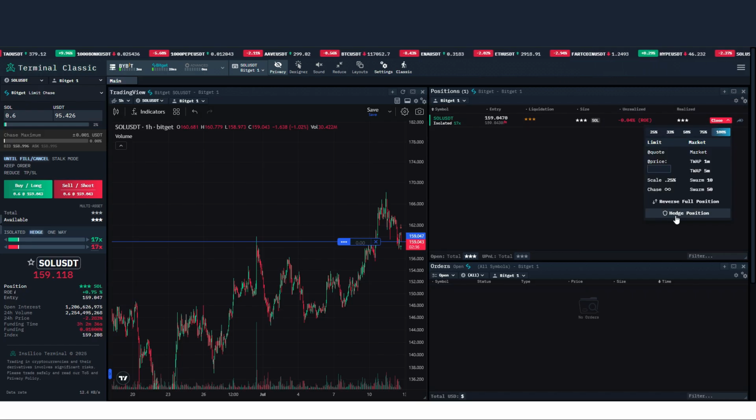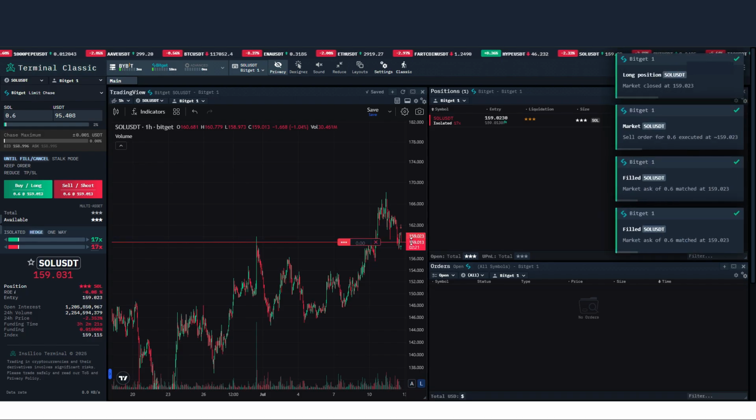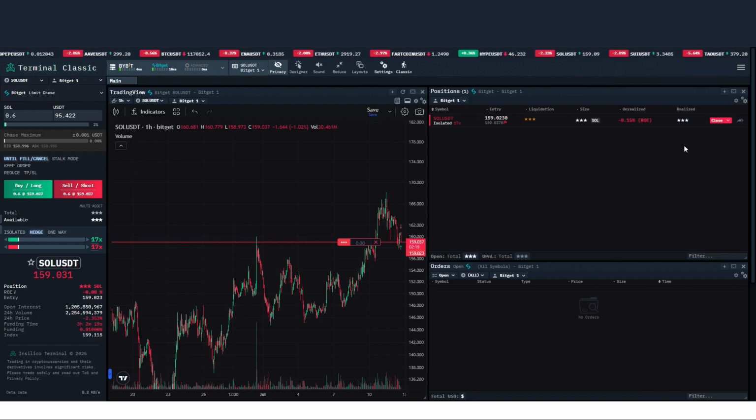Very, very cool. The hedge thing that I just showed you, opening up a long and short, you can do right here just by clicking it. But what you can also do is hit reverse full position. If you reverse the full position, I have a long open. Now it's a short. It literally just swaps it, sells it, and then opens it. I think with that, it does it at market, so the fees are way worse.